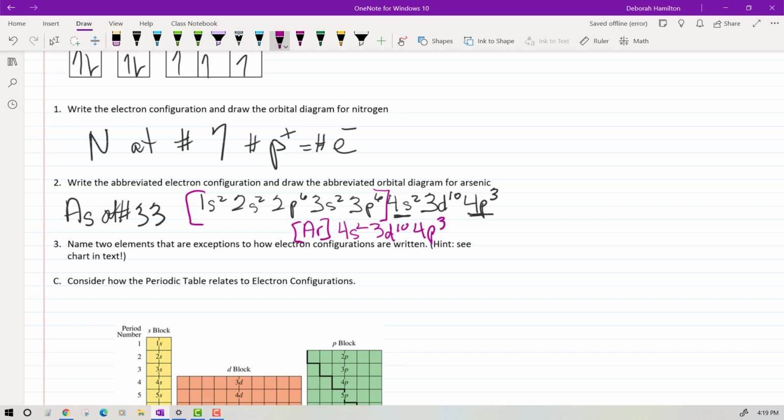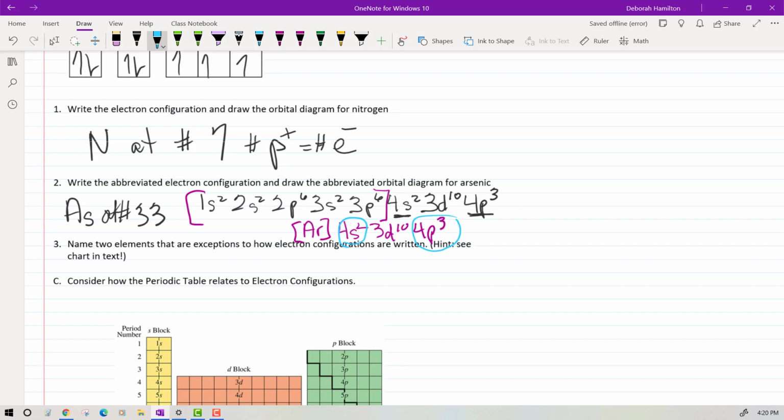When I get done, what's interesting is that the highest main level electrons tell me the row and the group number where I can find arsenic. It's on row 4 and it's in group 5A or 15. So you can work backwards and do that.